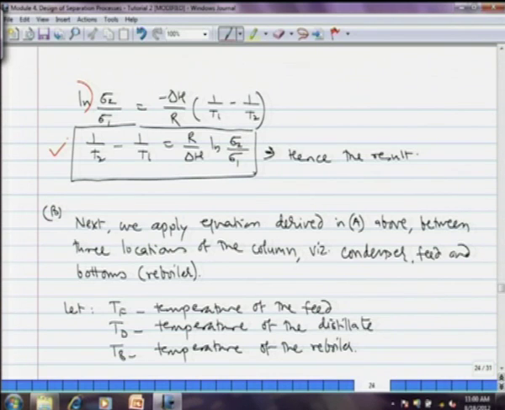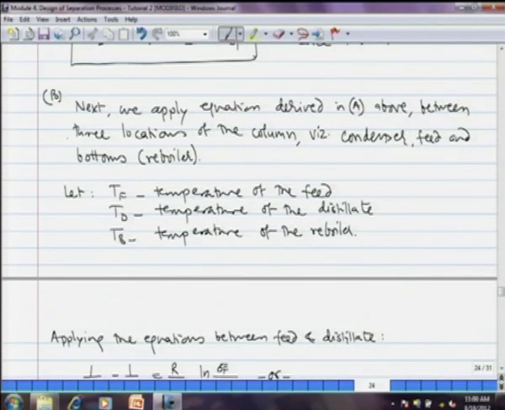So, the total heat that you supply at the reboiler, more or less the same heat is recovered in the condenser when the vapors condense, but what changes is the temperature. Okay. You are supplying heat at the reboiler at a much higher temperature, and you are receiving more or less the same amount of heat at a lower temperature. So, that is heat degradation across a distillation column, and this formula is a very handy formula to account for such degradation.